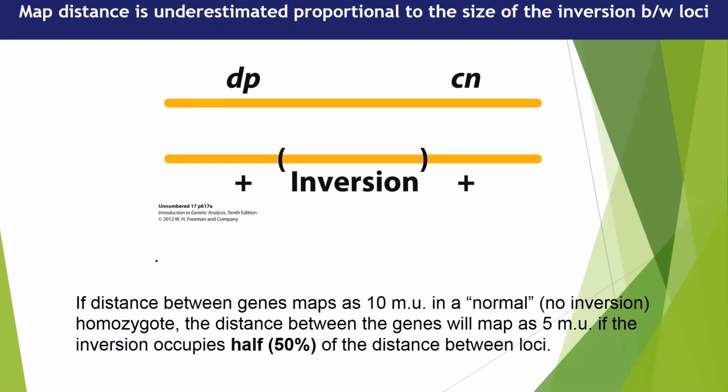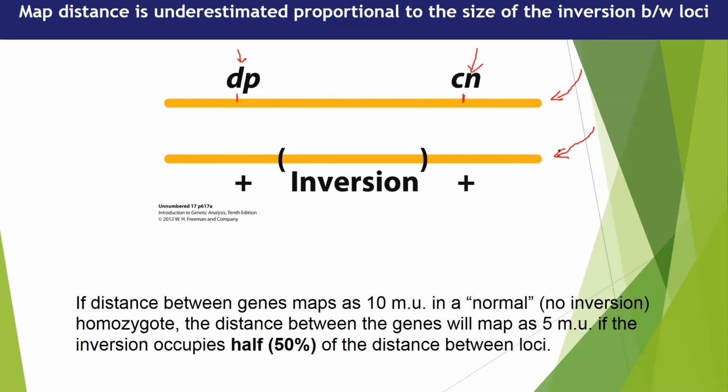Suppose this is an inversion heterozygote. This is the standard, normal chromosome, but this one is an inversion chromosome. At these loci, the standard chromosome has two recessive alleles, recessive for this gene and recessive for this gene.